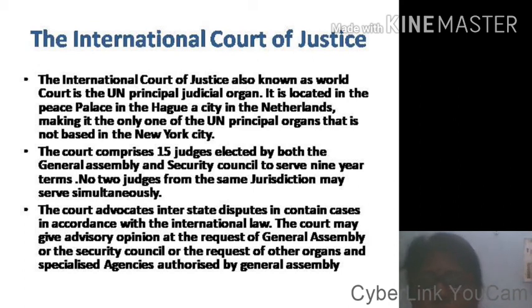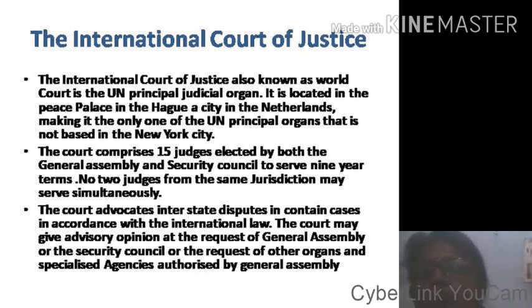The court's role is to settle, in accordance with international law, legal disputes submitted by states, and to give advisory opinions on legal questions referred to it by authorized United Nations organs and specialized agencies.